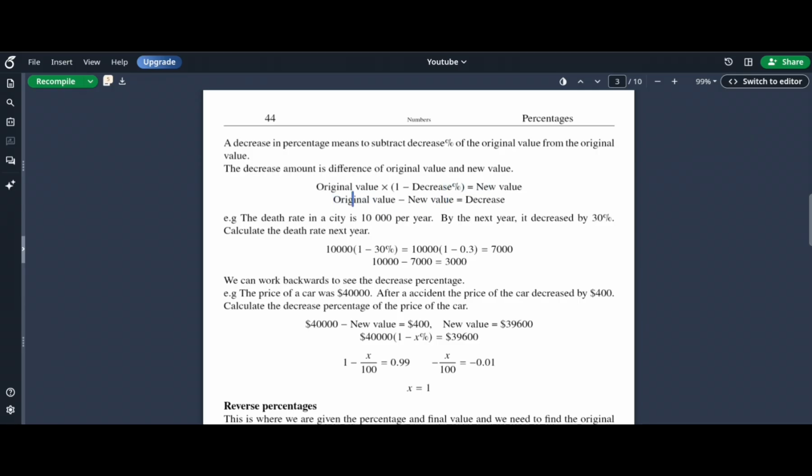Hence, this is why the original value is first in this equation now. It's not that we changed it for fun. It's to not have a negative number.